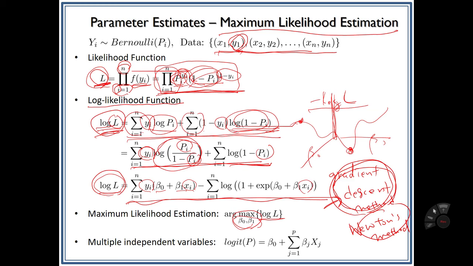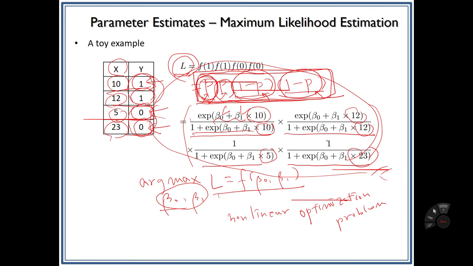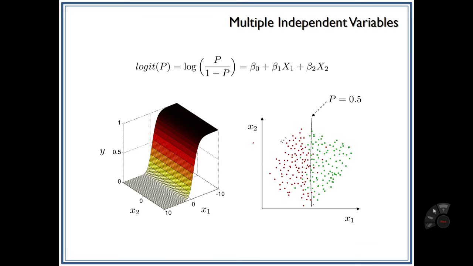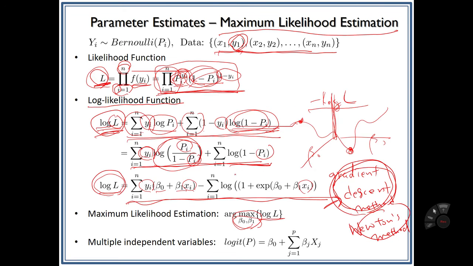Again, in summary, the likelihood function is a multiplication of probabilities, and naturally we have to maximize that multiplication of the probabilities. By doing that, we find those regression coefficients beta 0 and beta 1.